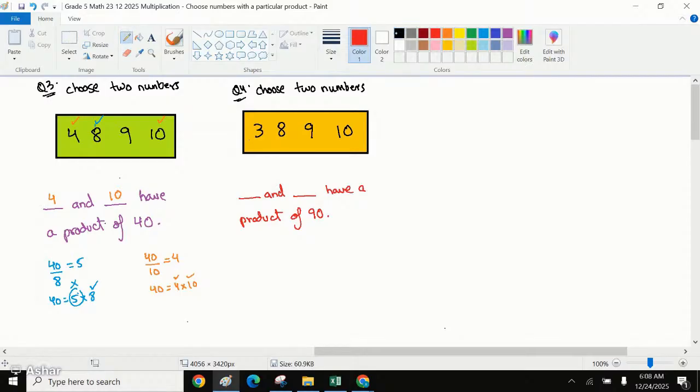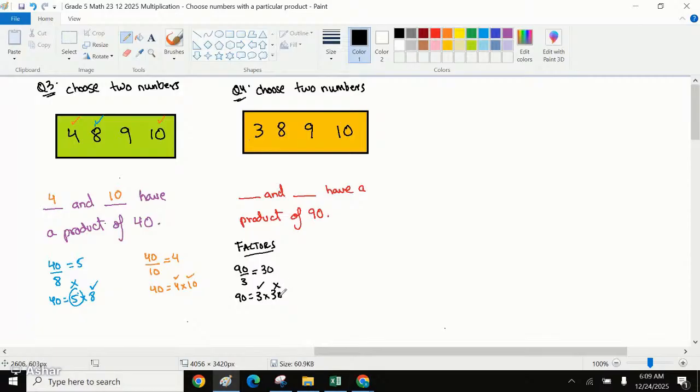The first most important thing is we look at the factors. We need to find the factors. That means 90 can be divided by the first number 3. That becomes 30. So 90 can be written as 3 multiplied by 30. We can find the 3, but we cannot find the 30, right?